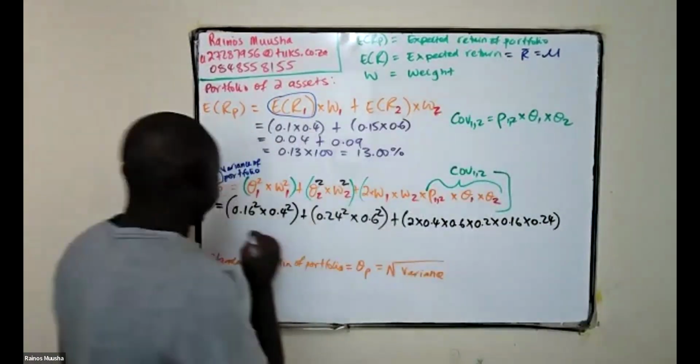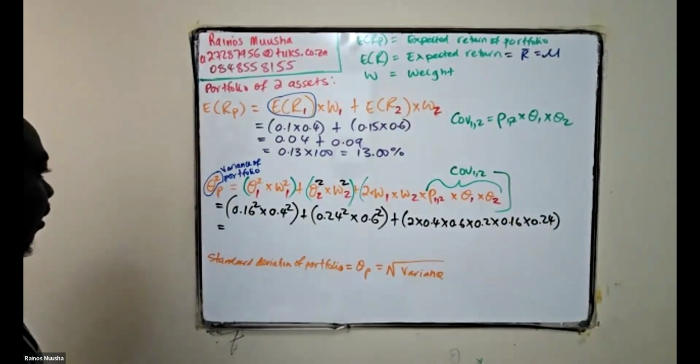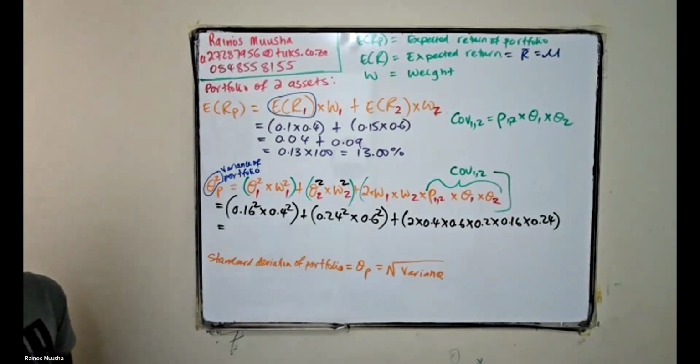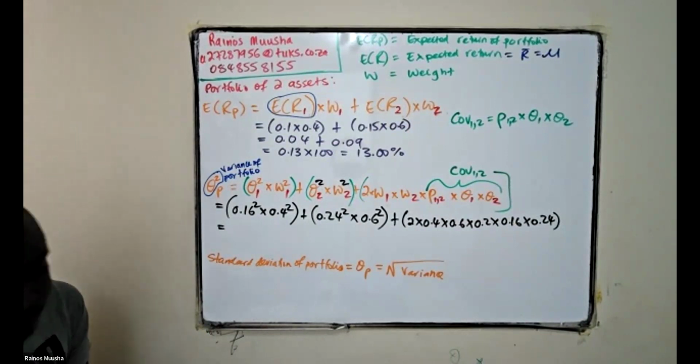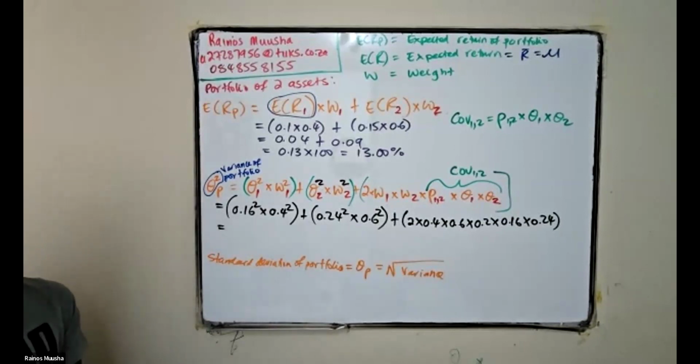So given this information, can you calculate the variance of assets 1 and 2? Any questions before we do the calculations? Any questions? Anyone lost? Are there any questions? Is anyone lost?